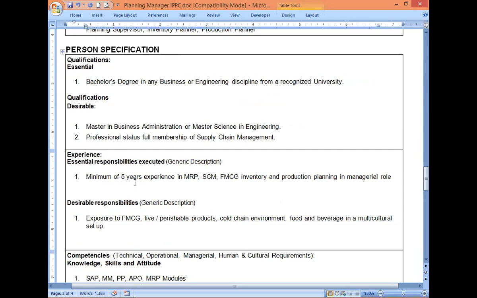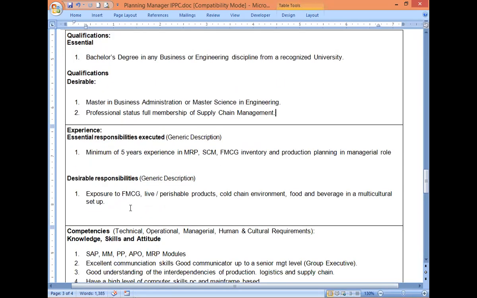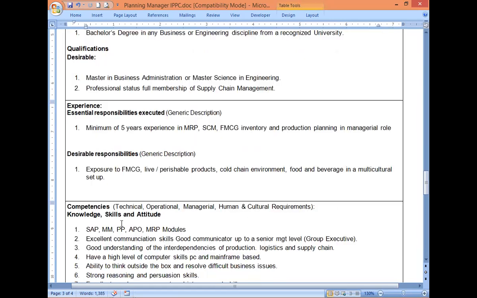But for the planning, I think 5 years would be enough experience as long as it is in a managerial role. So in MRP, SCM, FMCG, inventory and production planning in a managerial role. As long as it is in a managerial role, no problem with 5 years. Exposure to FMCG, live perishable products, cold chain environment, like you have cold storage, you have reefer van, refrigerated van, food and beverage in multicultural setup.